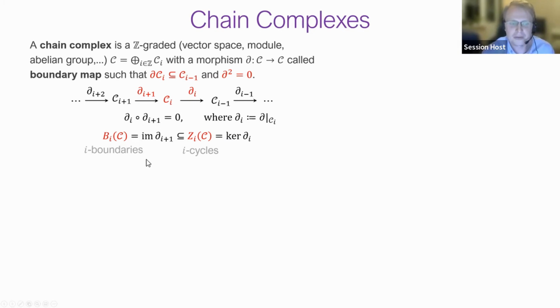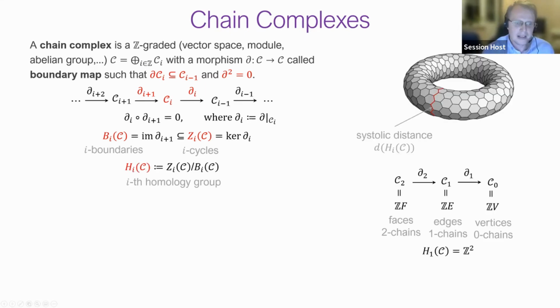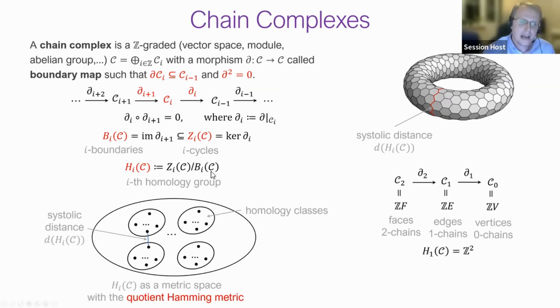If you remember, one possible way to define a CSS construction is just to construct two codes: the code that corresponds to degenerate errors, and the code that corresponds to all the code words. For each chain complex you can define its homology group, which is just this quotient. You can also consider this homology group as a metric space, and this way you have the connection with quantum codes.